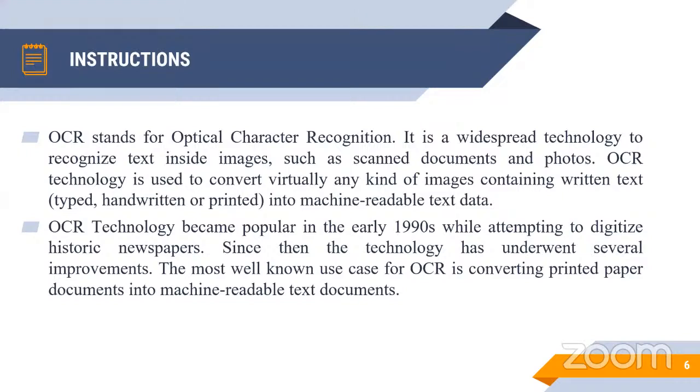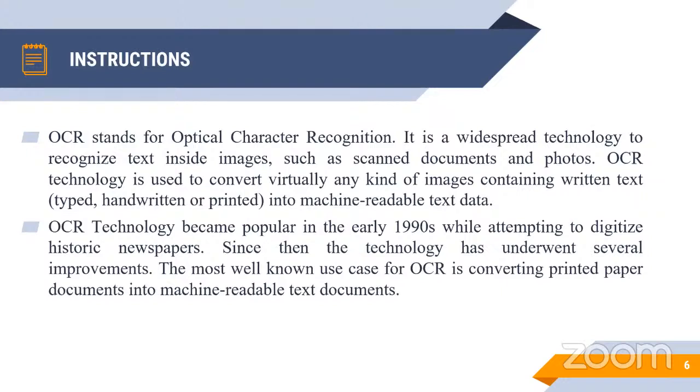So OCR technology is used to convert virtually any kind of image containing written text into machine readable text data, whether the written text is in typed format, printed format, or handwritten format. So this is called the OCR technology.